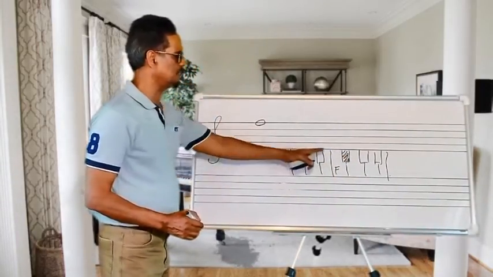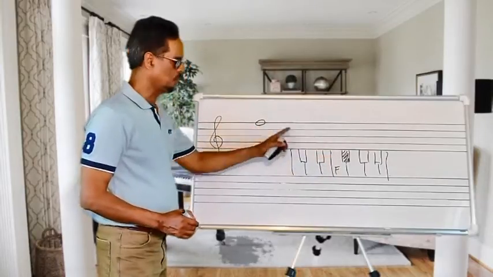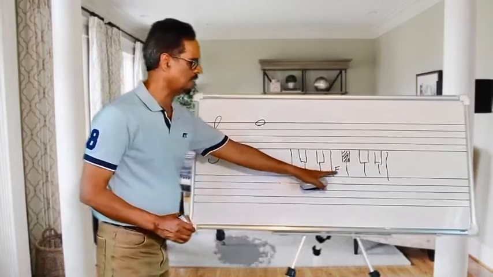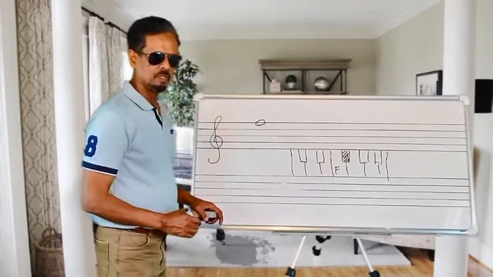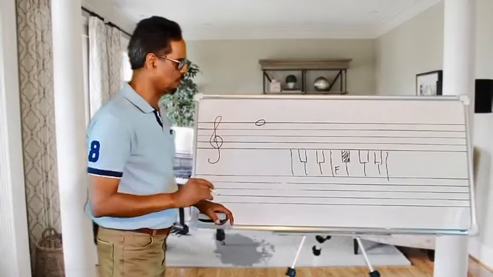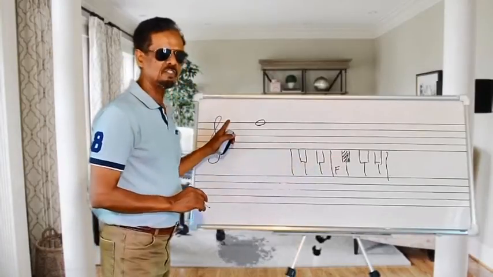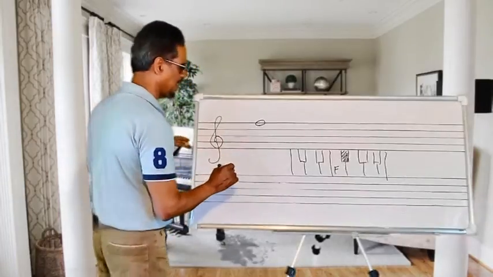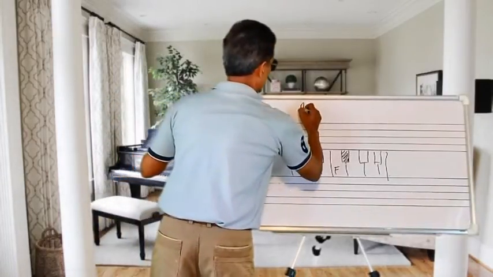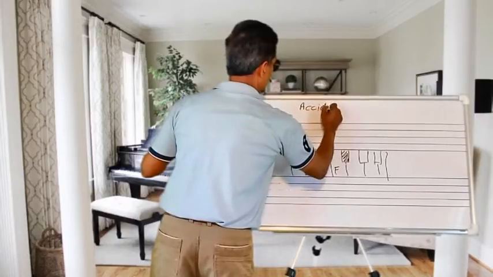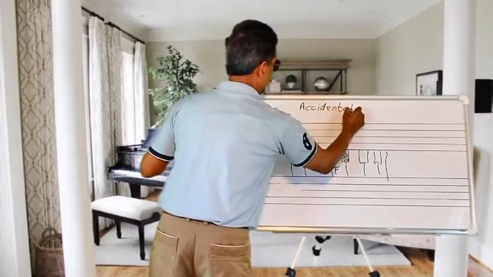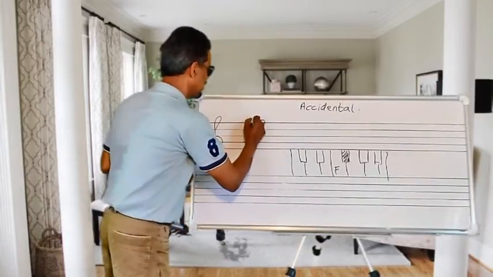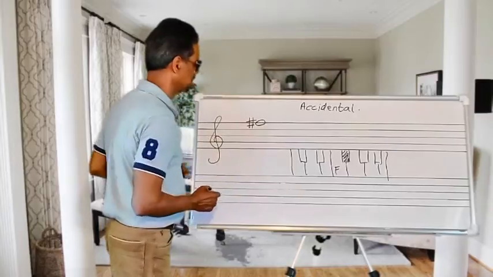There is no place on the staff to write this note. There is a line here to write this note. So to voice your intention to play this, there is a sign to be placed here. This is what we call an accidental. We call it an accidental, and this note is written like this.